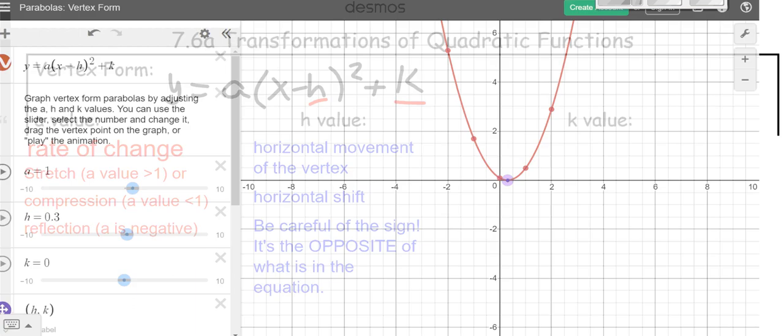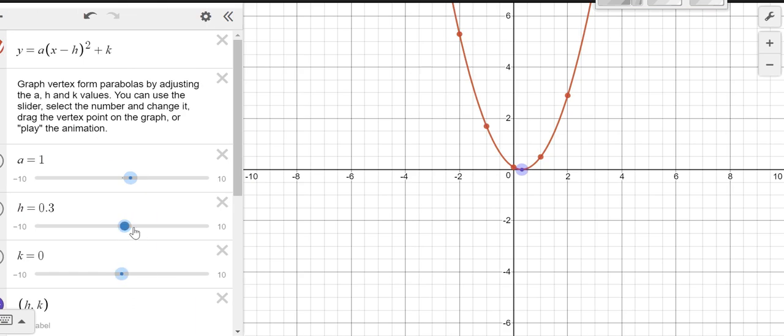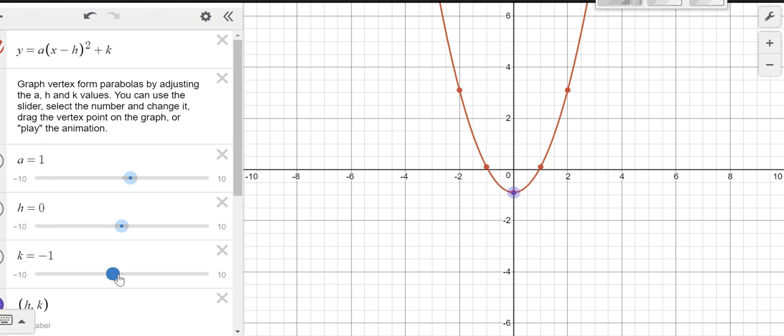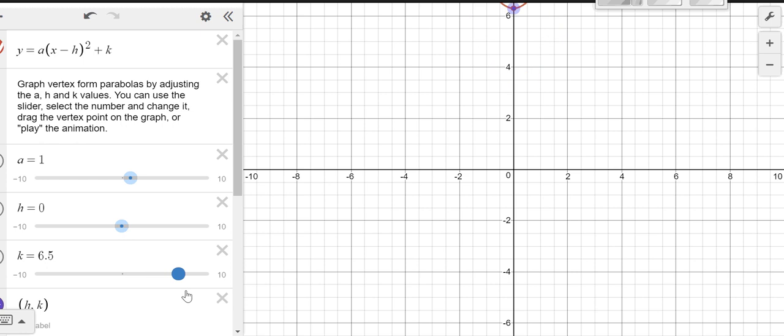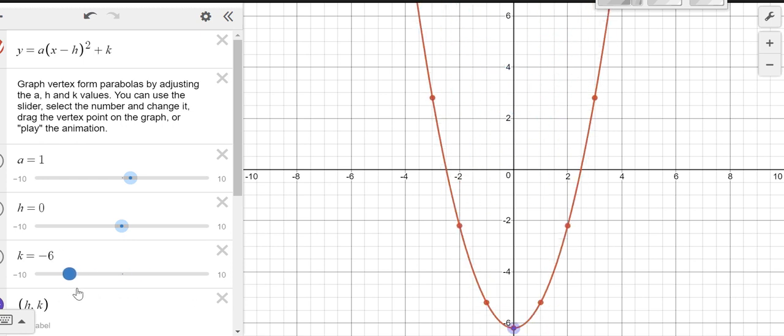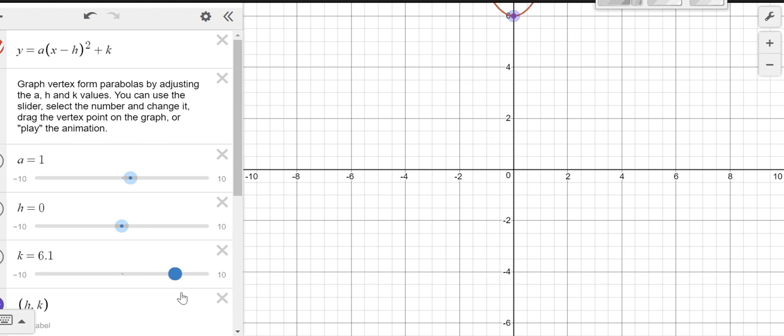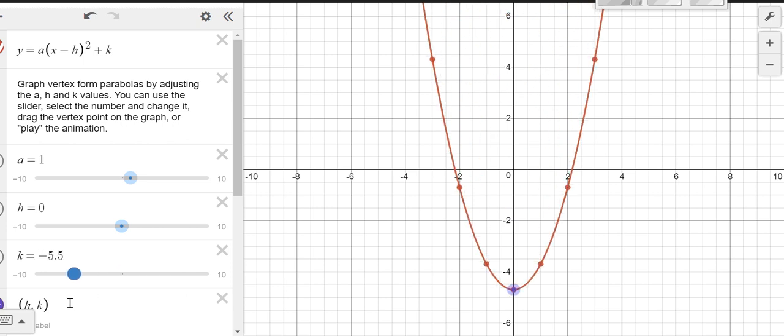Okay, last thing we got to talk about is your K value. So I'm going to reset my H value to 0, and now let's look at the K value. Take a moment to explore with the slider here and see what you think you could describe this transformation as.